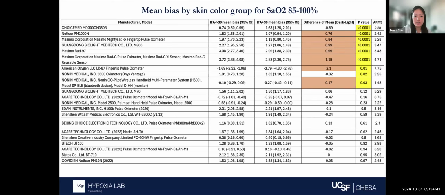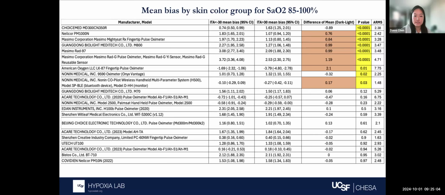So looking at this table, we see 9 devices with significant bias between dark and light skin color groups, highlighted in yellow here. And if we look at the difference in means, 7 of the 9 devices highlighted in orange here have positive differences, suggesting that they have more positive bias in the dark skin color group.